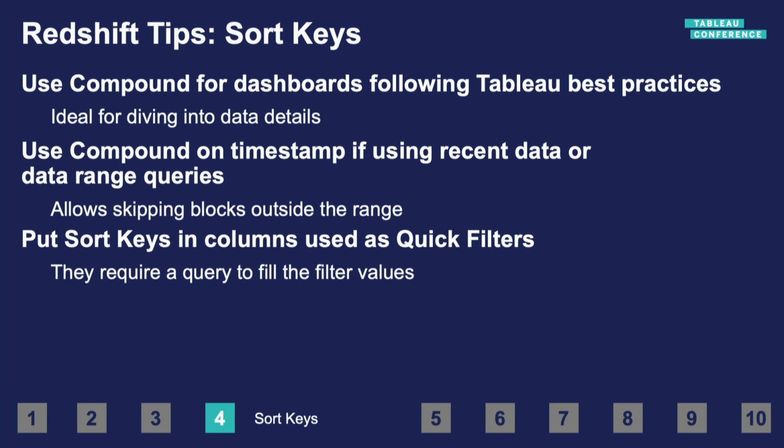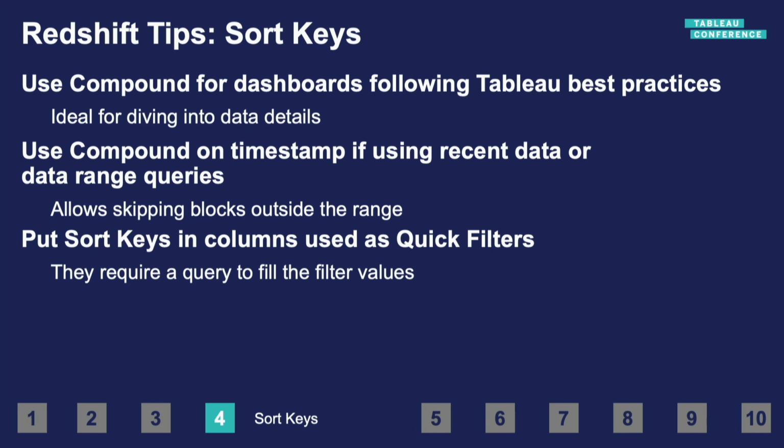And finally, if you have quick filters, which are a fantastic feature, and they seem so little on the screen, there are some of these quick filters that, in order to show you the values available, have to do a scan on the table to find those values and then put them on the menu. So you're already doing a full scan of the table. If that full scan is based on a sort key column, then it's going to be faster.